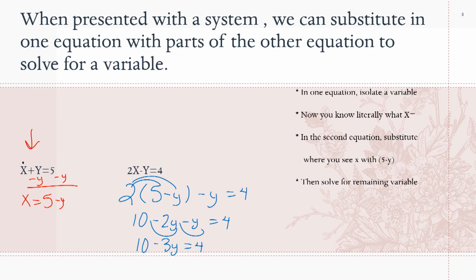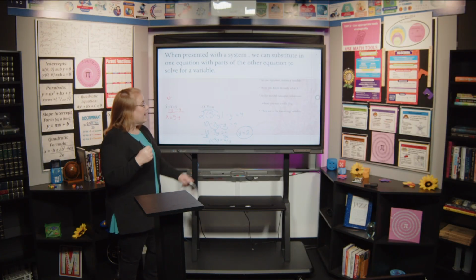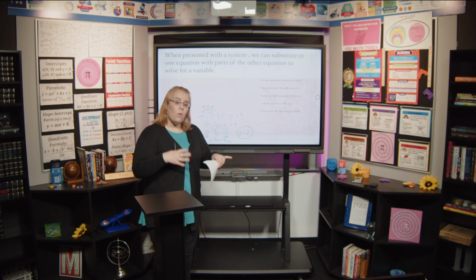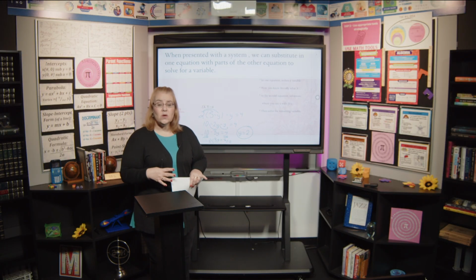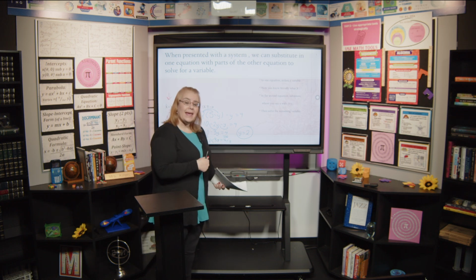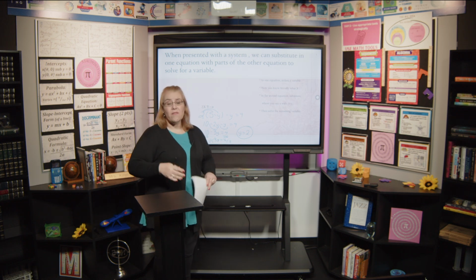I need to get that y by itself, so I'm going to subtract 10 on both sides. Negative 3y equals negative 6. Divide by negative 3, and my y equals a positive 2. Now that I know my y equals exactly 2, I can plug it back into my first equation and solve for that x.